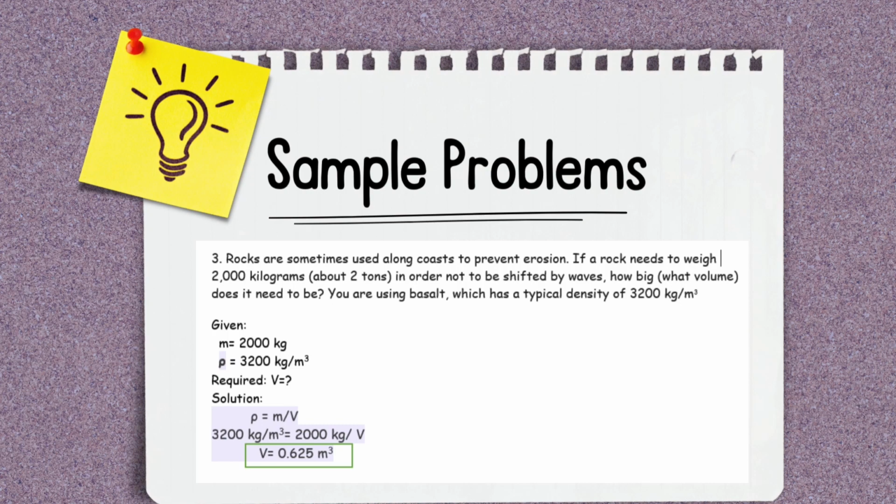What we are looking for is the volume. For the solution, P is equal to M over V. Substitute the given: 3,200 kg per cubic meter is equal to 2,000 kg over V. Shift solve on the calculator. V is equal to 0.625 cubic meter.